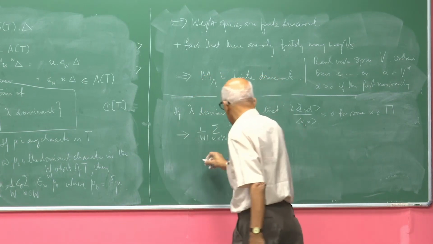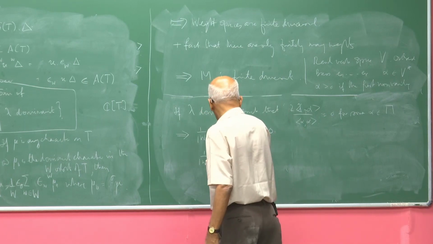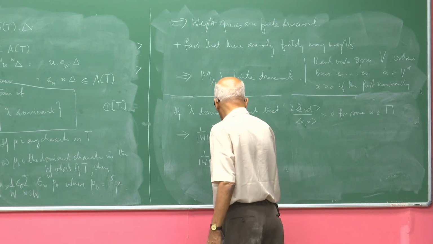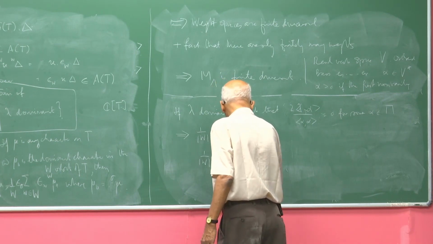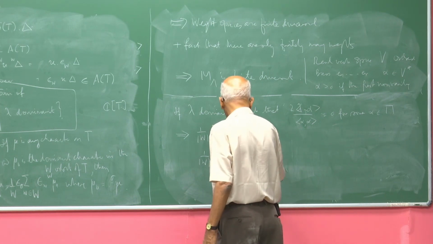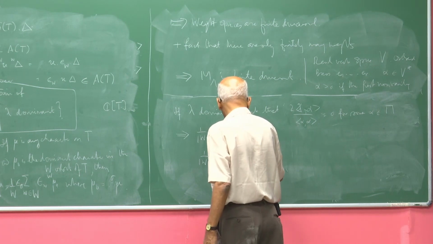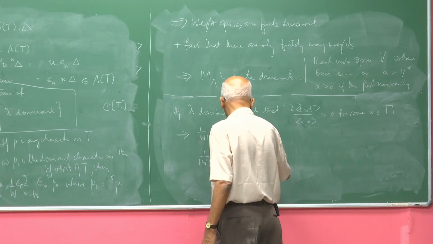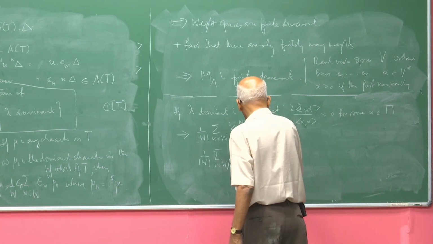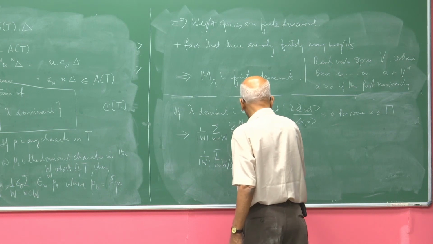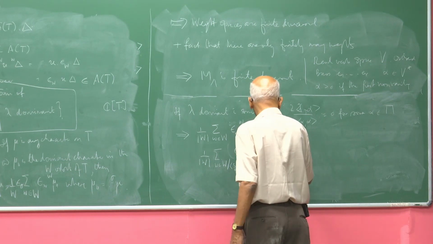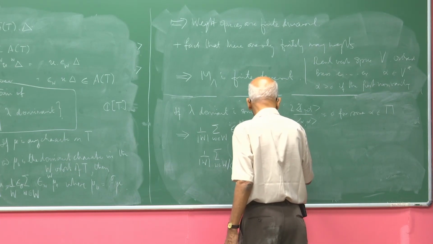Why? Because I can write this as 1 over mod W, the sum over w in W mod the group of order 2 generated by S alpha, and then here I write epsilon(w) times w lambda minus w S alpha lambda.